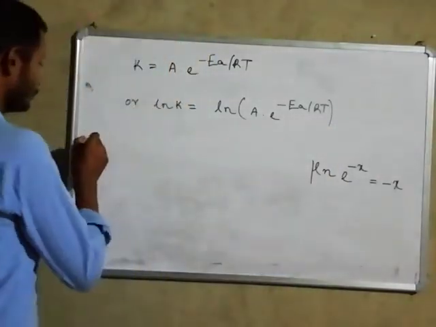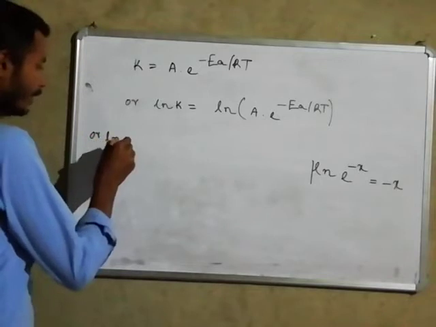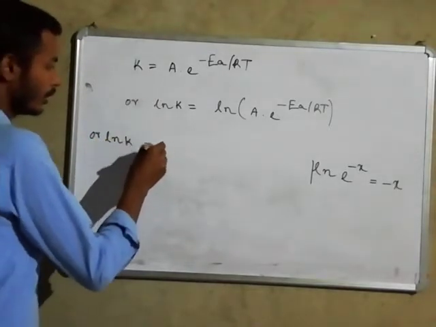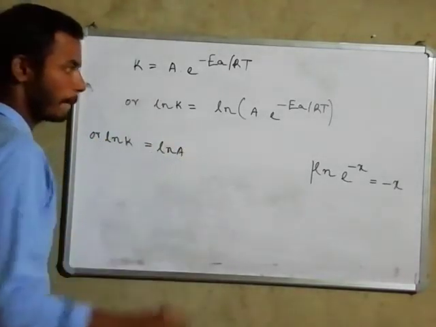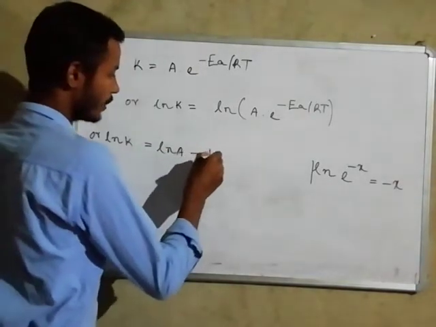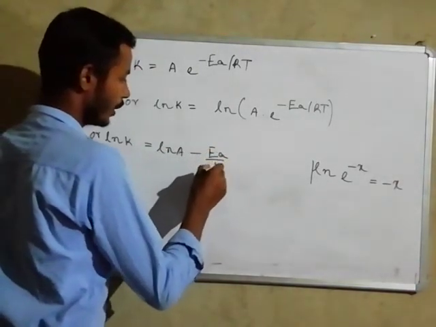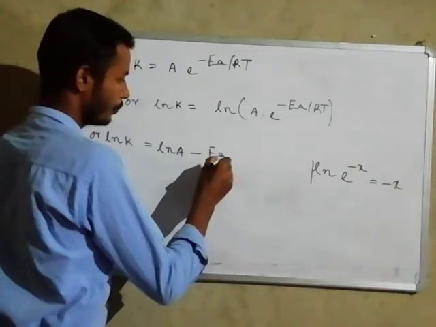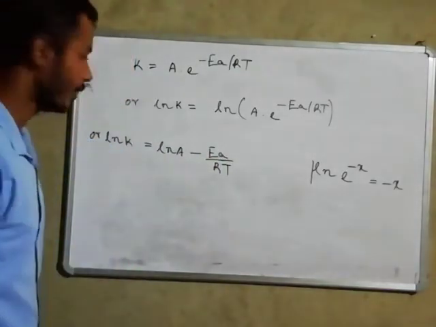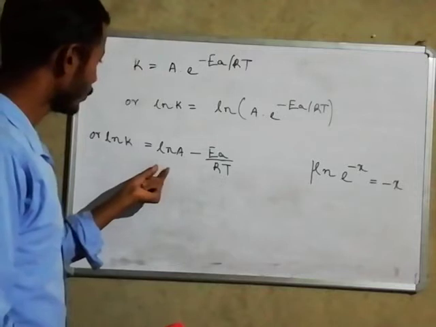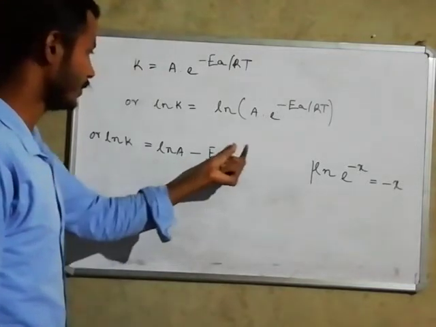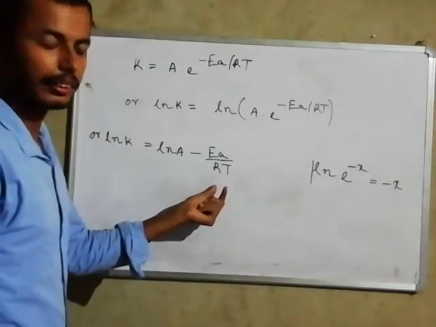Now what do we get? ln K is equal to ln A minus EA divided by RT.